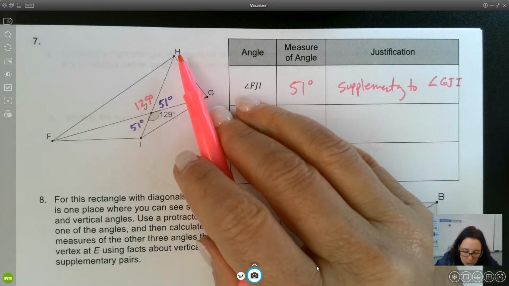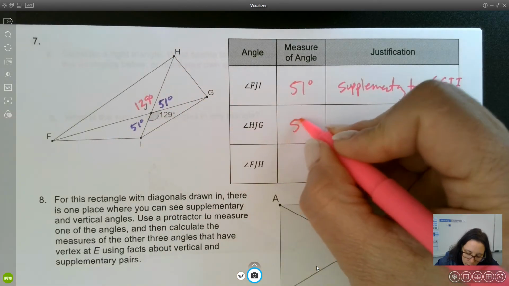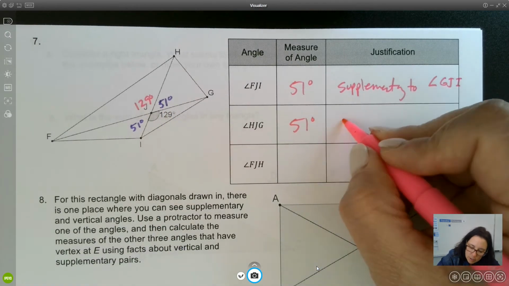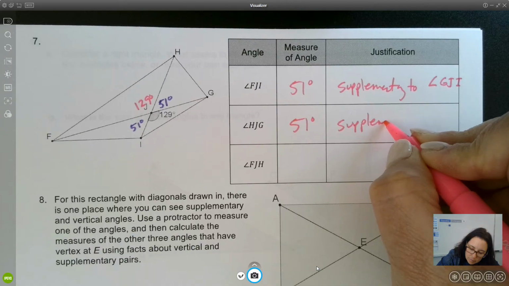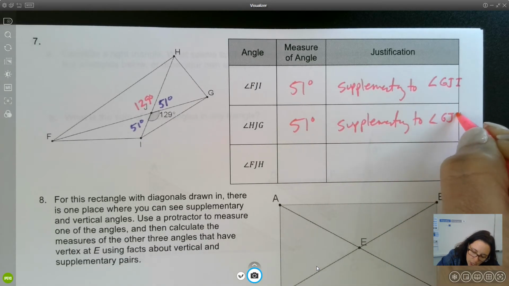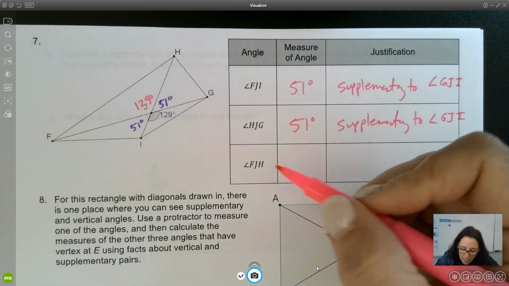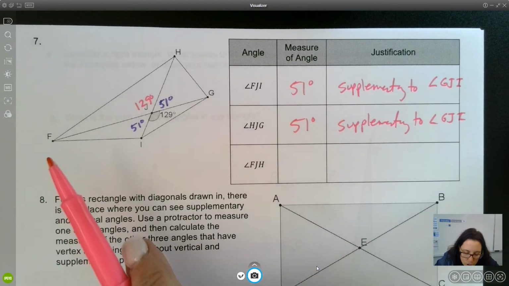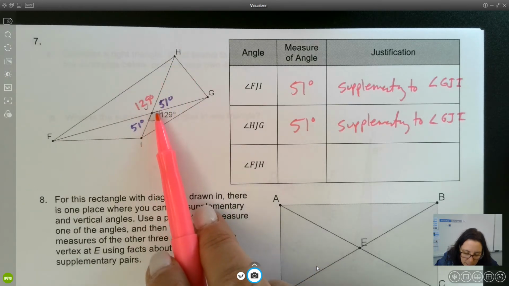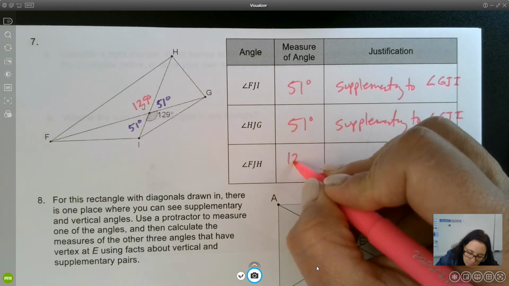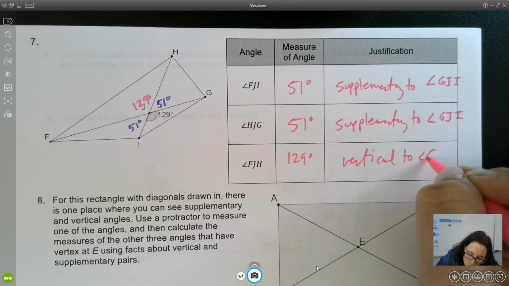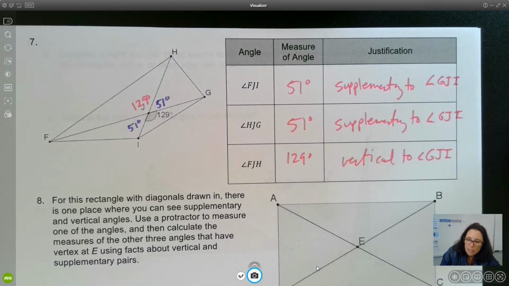HJG is 51 degrees because it is also supplementary to angle GJI. And then FJH is 129 because it's vertical to angle GJI.